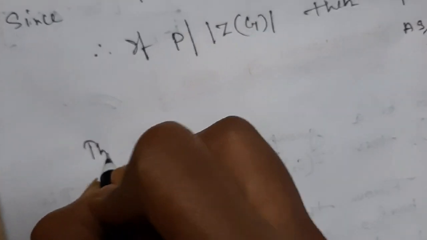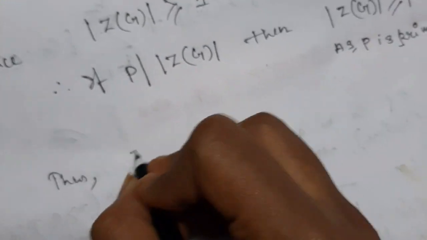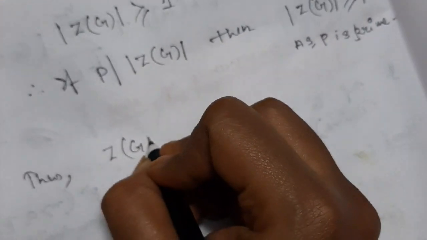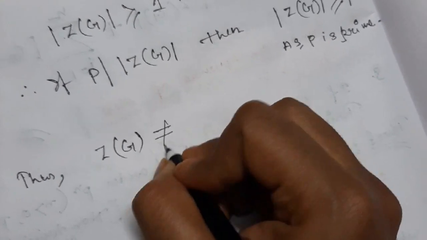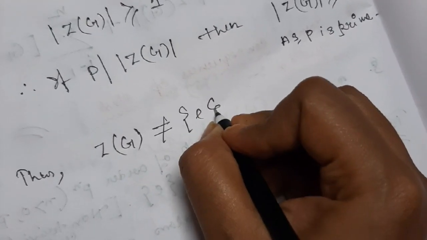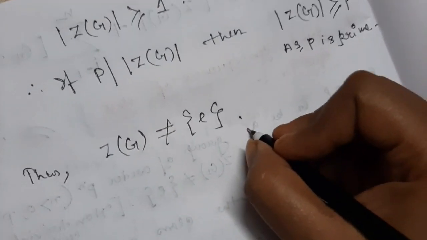Thus ZG is not equal to the trivial group. Hence proved.